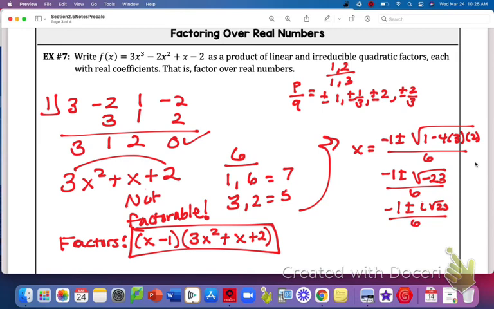So my zeros would be negative 1 plus i root 23 over 6 and negative 1 minus i root 23 over 6. Well, that would look pretty ugly if you were trying to write that as linear factors, right? So let's not even do it. Let's just leave it in that non-factorable form.